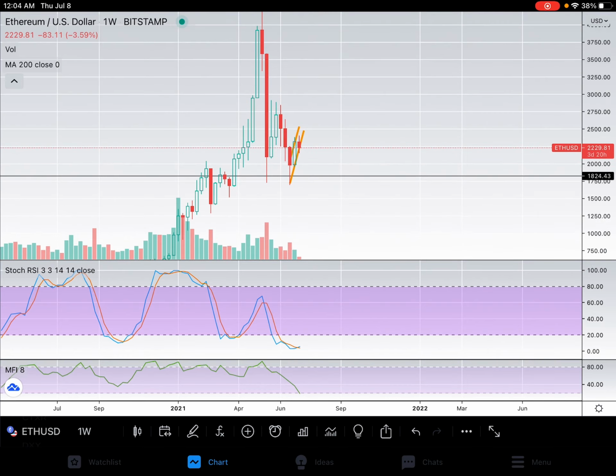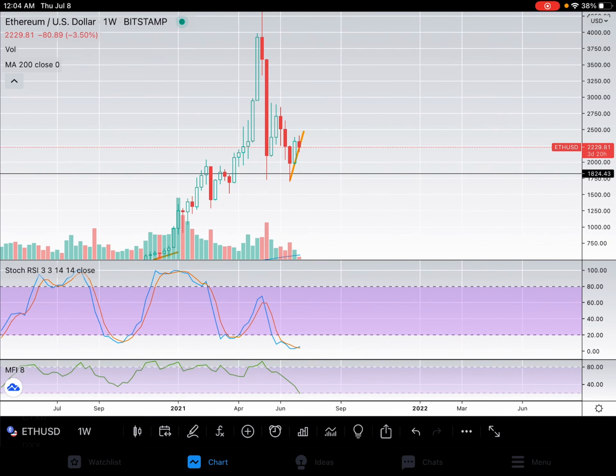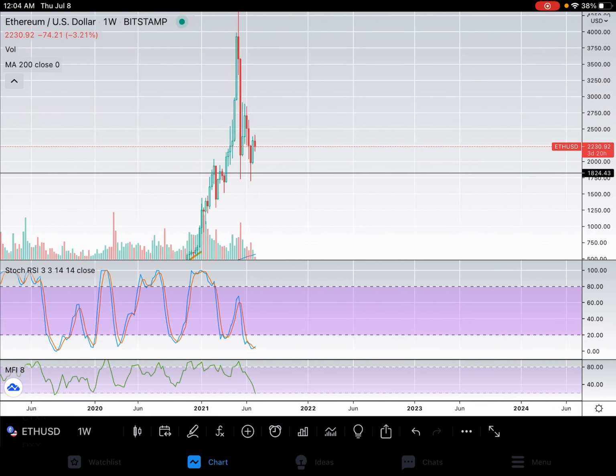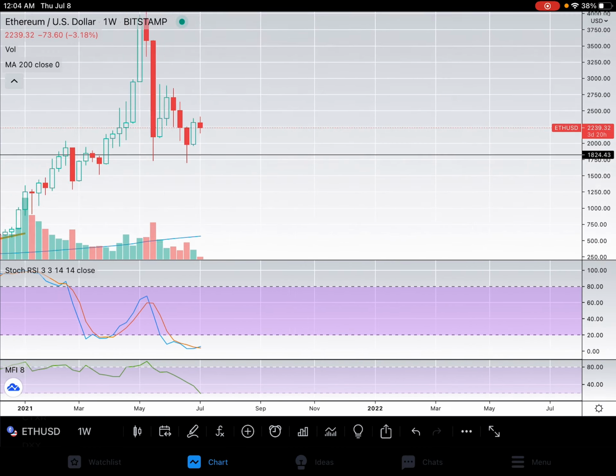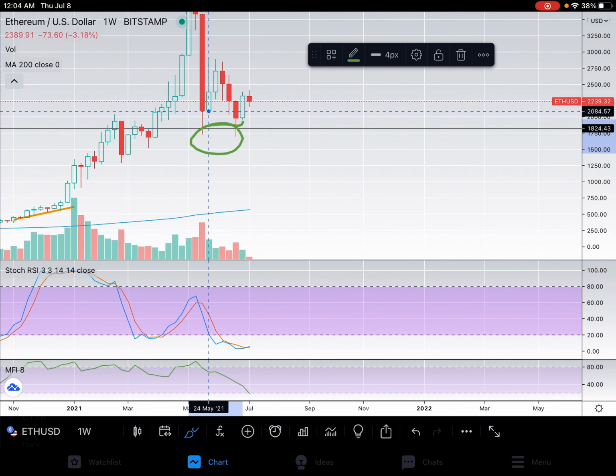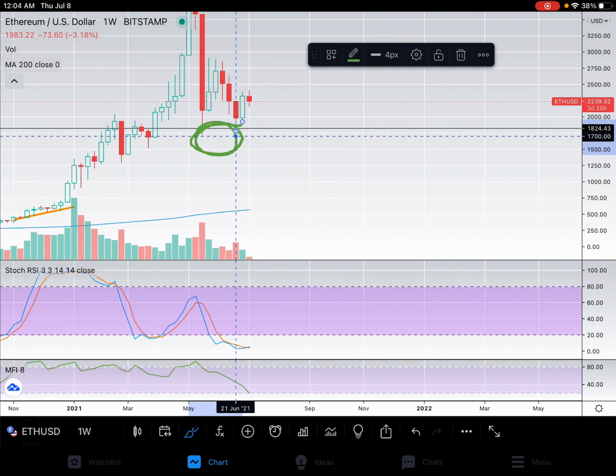I'm gonna take this ascending triangle away. This level right here was the 0.618 level that I've been mentioning, the retracement level. That's key. It's bounced off it twice, a double bottom.